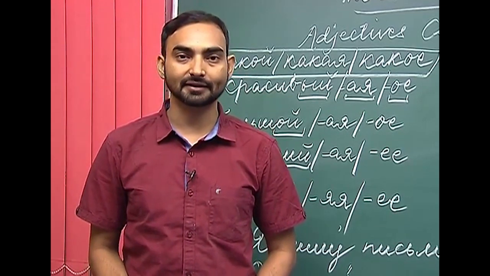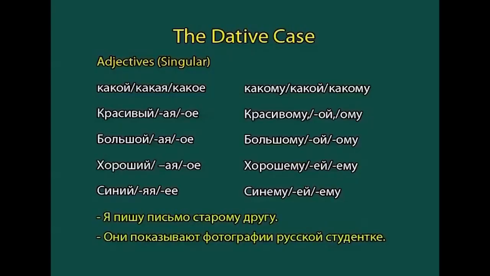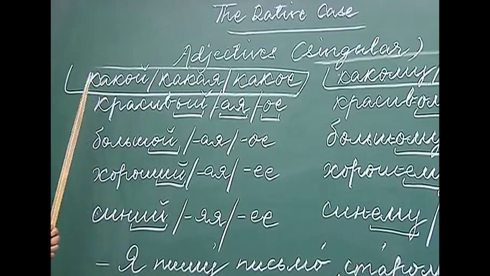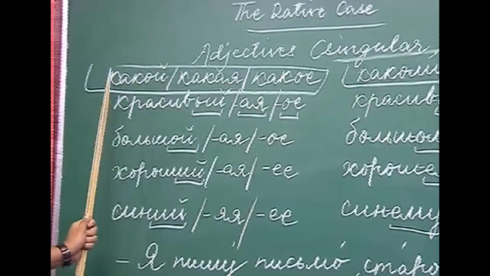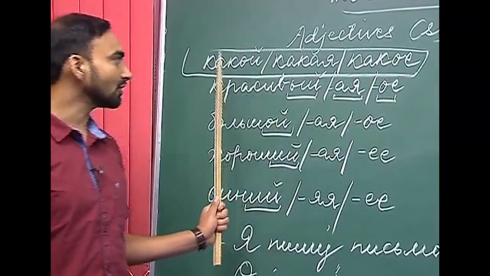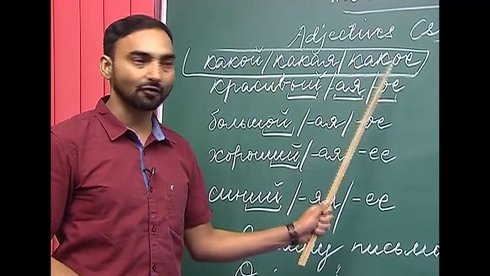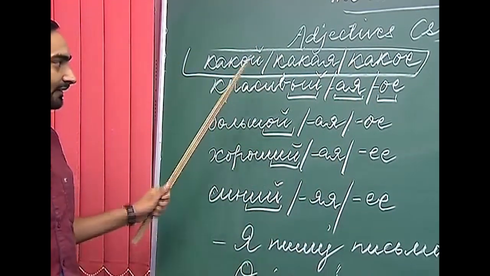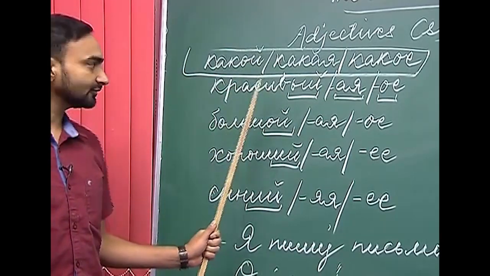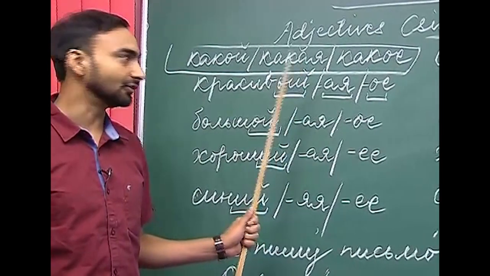So, how do singular adjectives decline in the dative case? We already know the nominative case forms of the singular adjectives, and they answer the questions какой, какая and какое. So, какой is the masculine form, какая is the feminine form, and какое is the neuter form. Now let us take the first adjective, which is красивый. Красивый is beautiful.